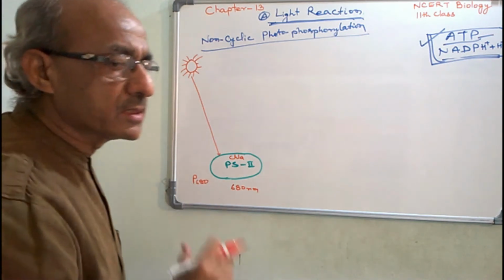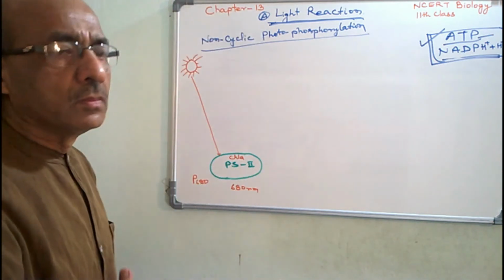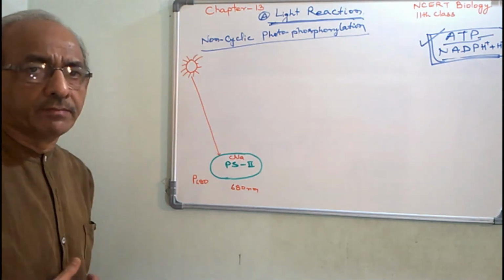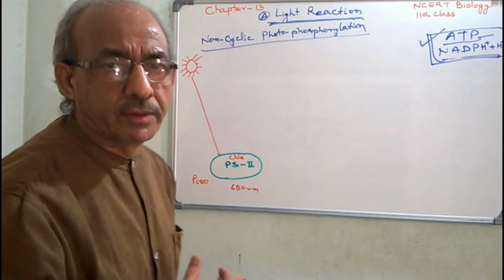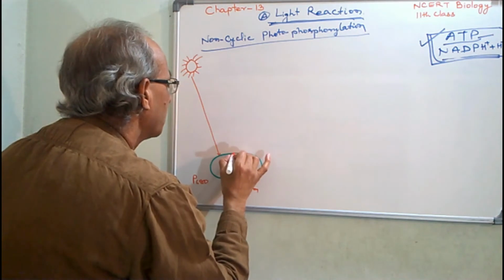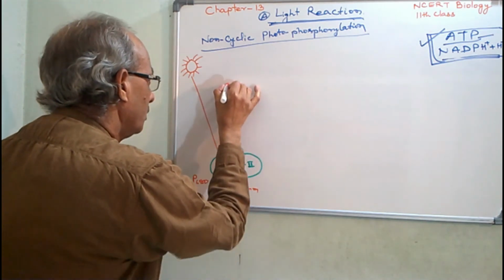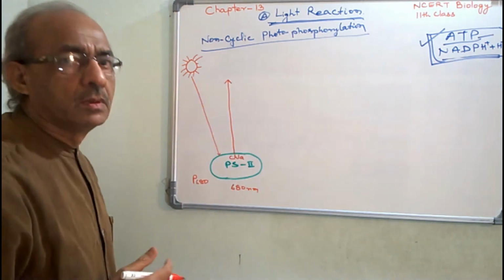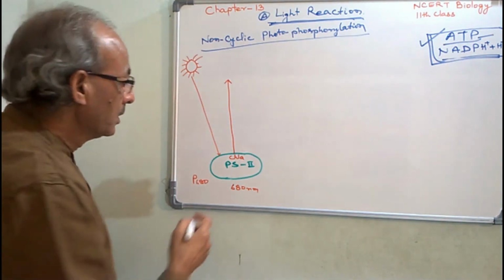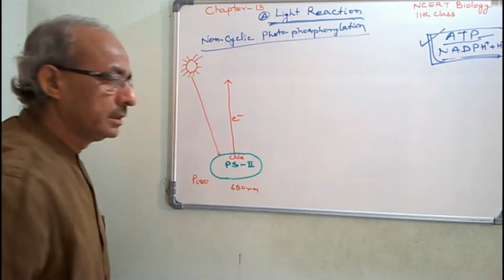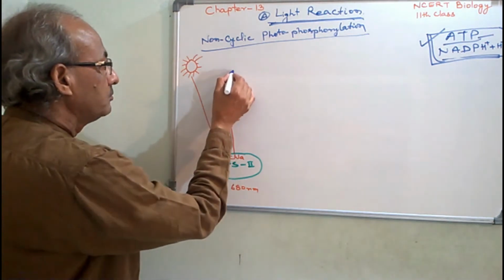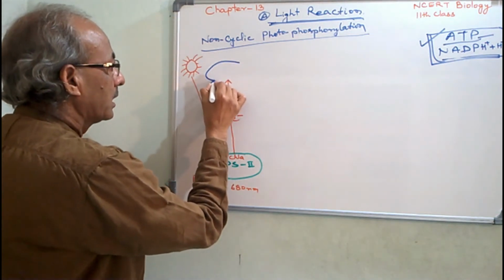And after absorption of the solar energy, the electron gets excited and jumps upward, uphill, and the excited electron is accepted by the electron acceptor.